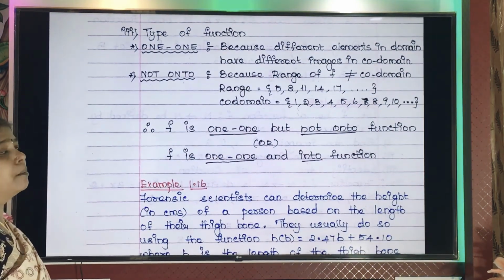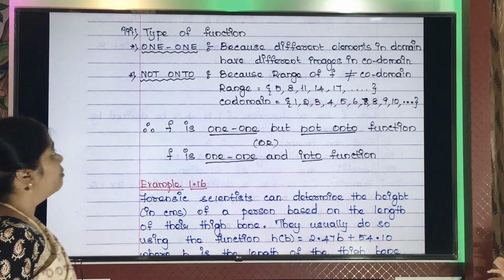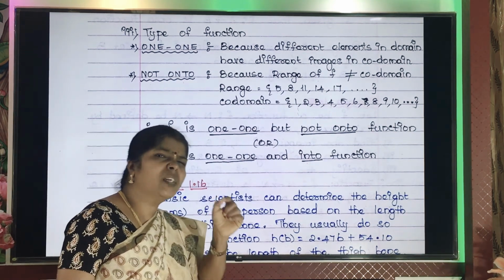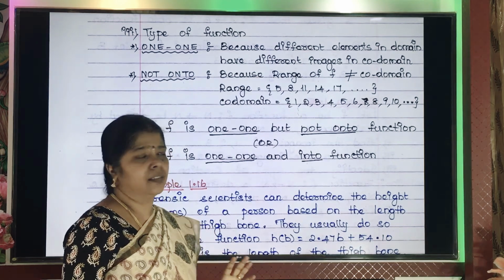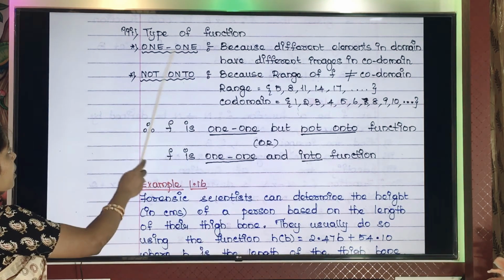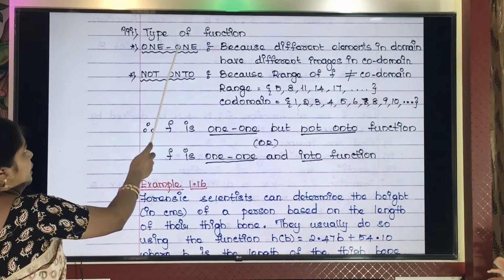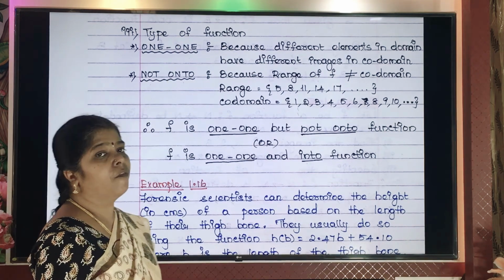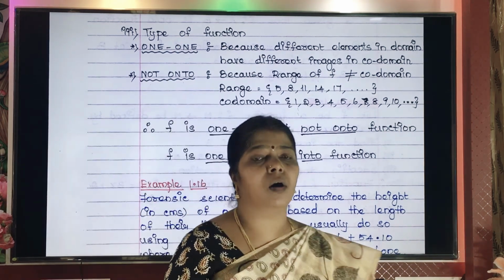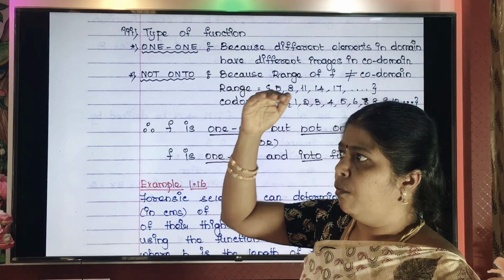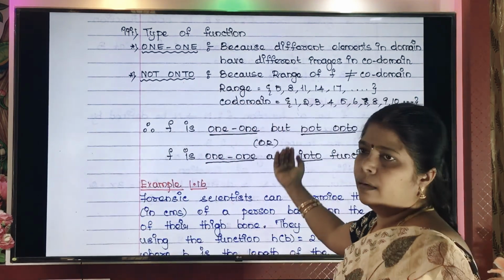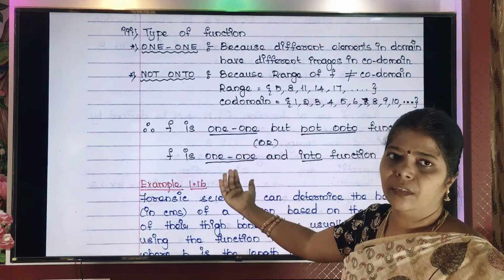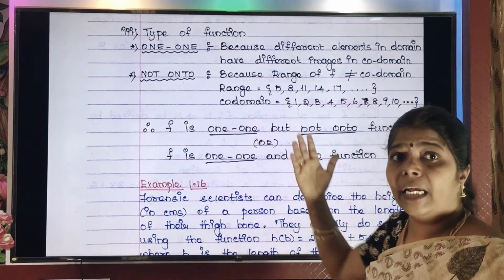Now, the third subdivision of this question is we need to identify what type of function it is. We say that this function is 1 to 1. Why we say like that? Because whenever you give 1, you are getting one image. When you substitute 2, you are getting a different number.